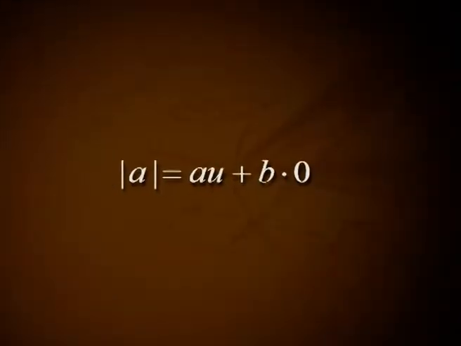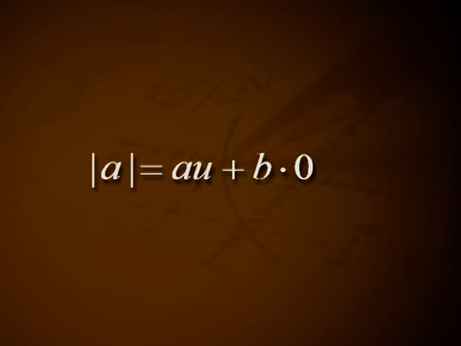Notice first that S is not empty. For example, if a ≠ 0, then the integer |a| = au + b·0 lies in S, where we choose u = 1 or u = -1 according as a is positive or negative. Hence, S is not empty.